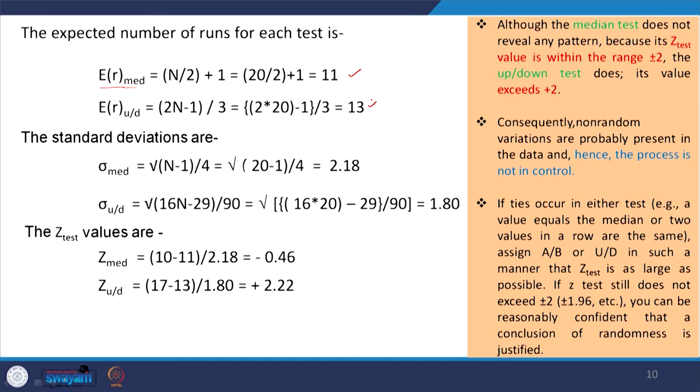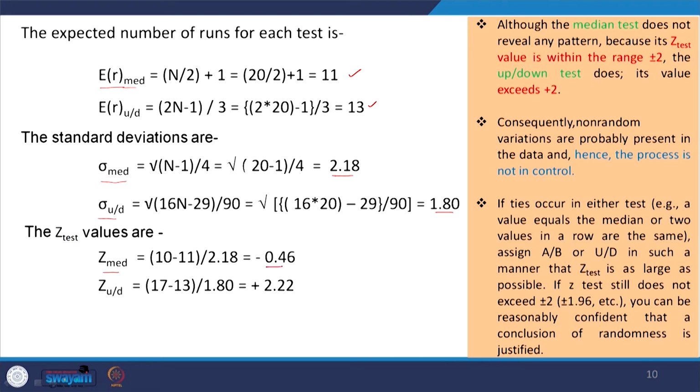Now, we will calculate the standard deviation values again with the help of the formula which we have discussed. The standard deviation for median case is coming 2.18, standard deviation for up and down is coming 1.80, and then using these values the Z value for median is our observed value, that is 10 minus 11 divided by standard deviation.